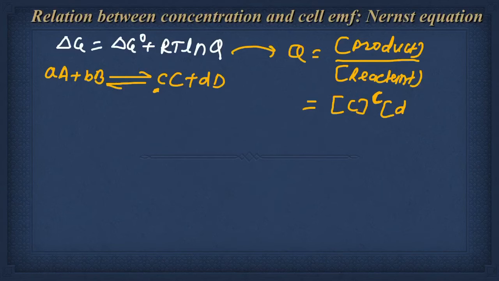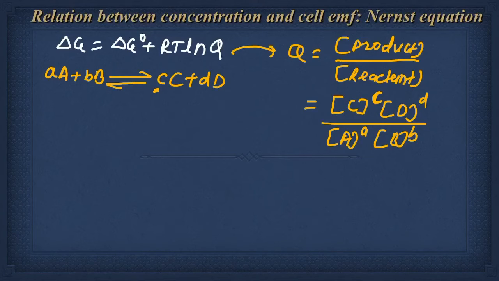On the product side there is D present, so raised to power d, and for the reactant we have A plus B, so concentration of A raised to power a and B raised to power b. So this is the reaction quotient: the ratio of the product to the reactant concentration according to thermodynamic equilibrium.